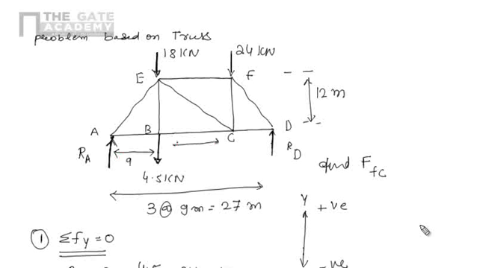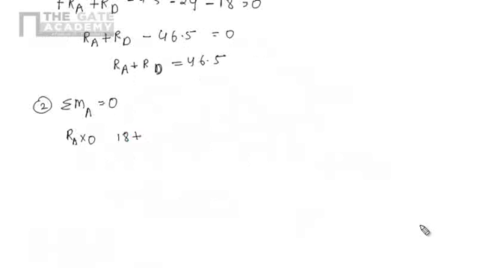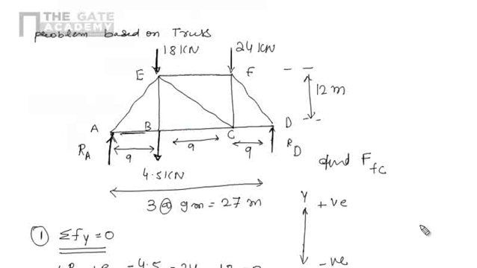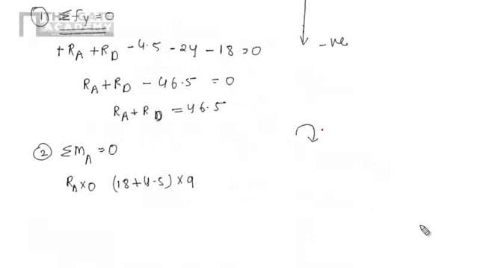So the moment due to 18 and 4.5 is 18 plus 4.5, the total force, times the perpendicular distance 9. By our convention, clockwise is positive and anti-clockwise is negative, so it will be positive.